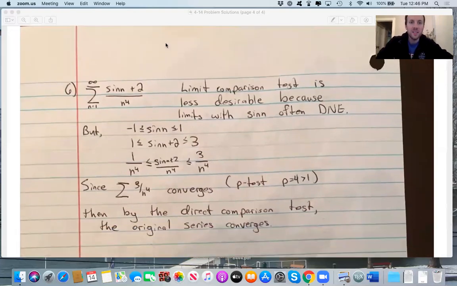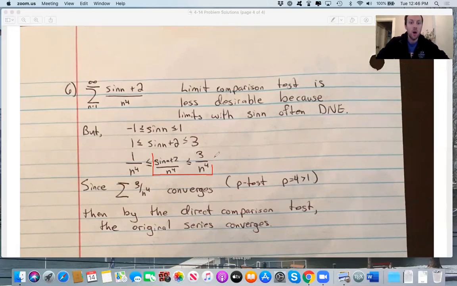Now we have actually 2 inequalities here, and we need to think about which one is actually useful. And it turns out that this is the one that we want to use. Because this inequality says we're looking at the series with these terms.